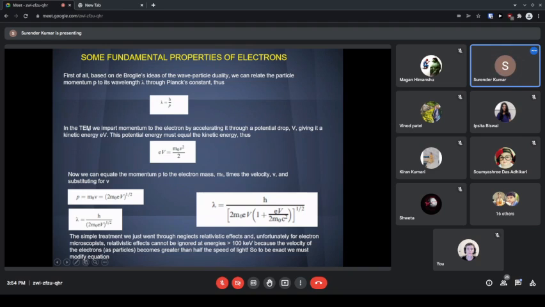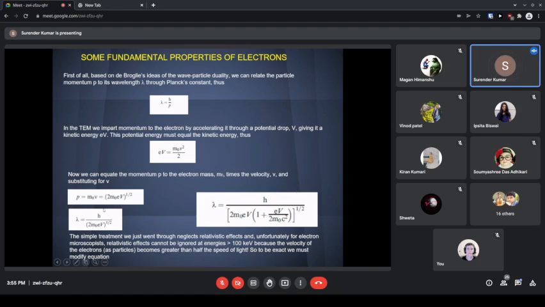In TEM, we impart momentum to the electron by accelerating it through a potential drop, from 100 kilovolt to 400 kilovolt or more, to give it enough kinetic energy, so that the potential energy must equal the kinetic energy. This is the well-known relation eV equals half m naught v squared, where m naught is the electron mass.